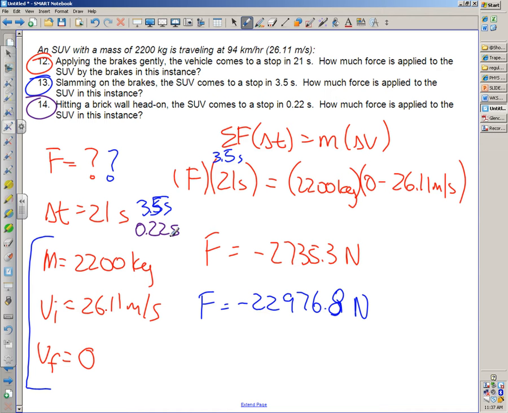It's still the same SUV, and it was still going 26.11 meters per second, and it's still ending up at 0. So that means that the right-hand side of that equation is going to stay exactly the same. The only thing that's going to change now is that the time is now 0.22 seconds instead of 21 or 3.5.